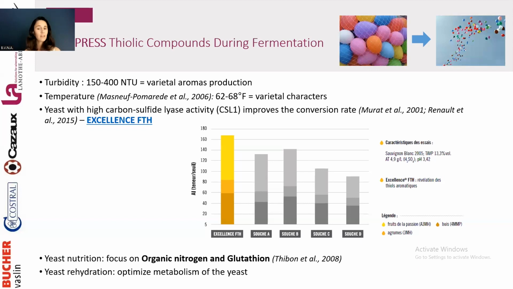Using a yeast rehydrator or yeast protector will help the yeast be in perfect condition and optimize her metabolism, which will help her produce more thiolic compounds, which in reality she doesn't need to do. The yeast produces thiols as a side mechanism, but it's not necessarily needed for her to survive. So she needs to be in very good condition to do it, because it's not her survival metabolism.